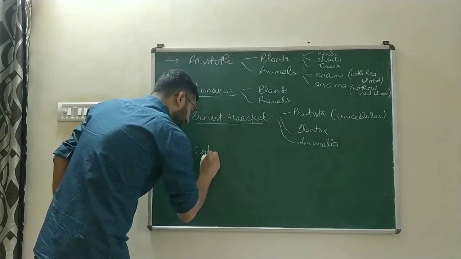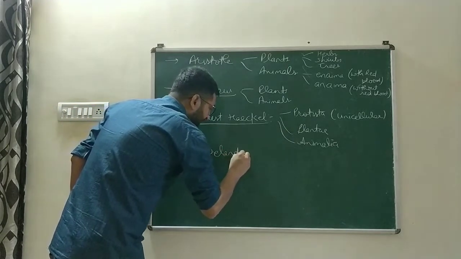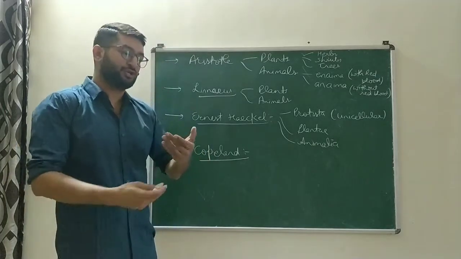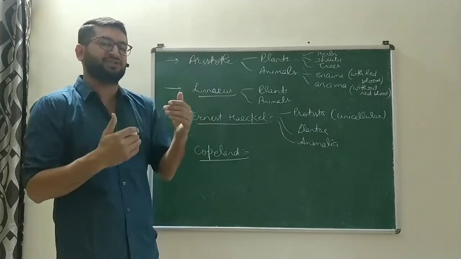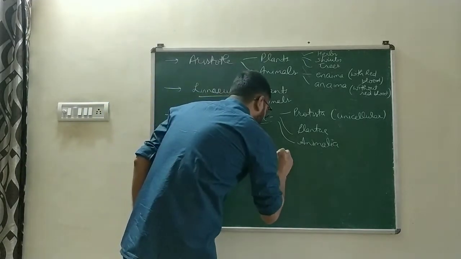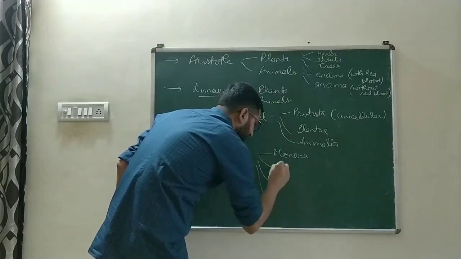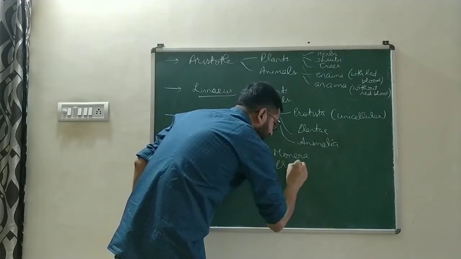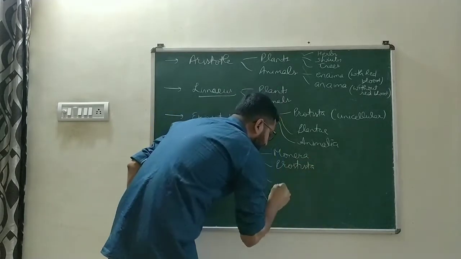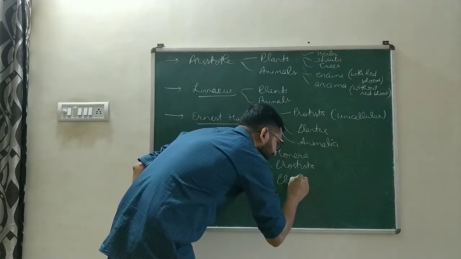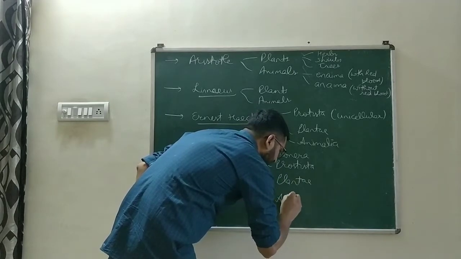Then Copeland gave the four kingdom classification system. He introduced another kingdom to this classification system, and that was Monera. The other three kingdoms were the same as those of Ernst Haeckel: Protista, Plantae, and Animalia.